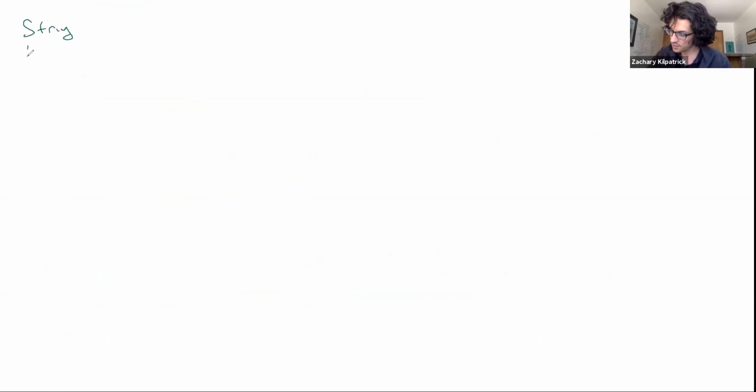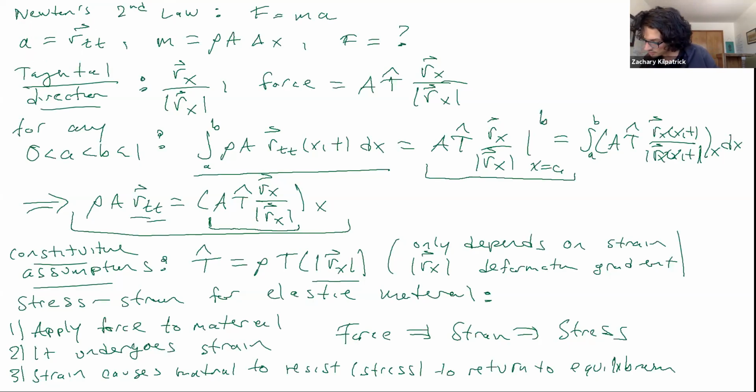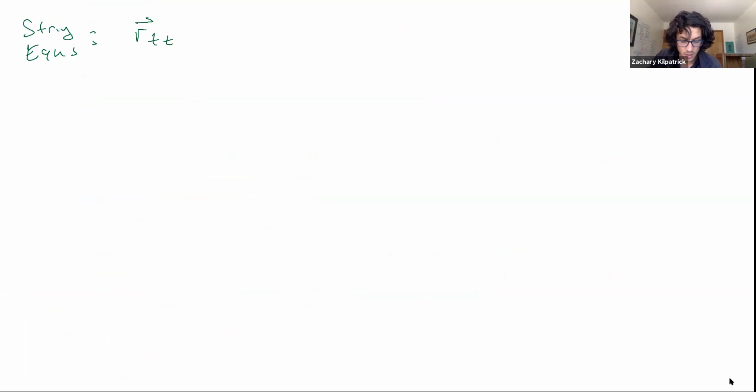Our string equations now tell us that r_tt is going to be, if I divide through here by this, then I get r_tt is equal to T of the magnitude of r_x, times r_x divided by the magnitude of r_x, differentiated with respect to x, okay?